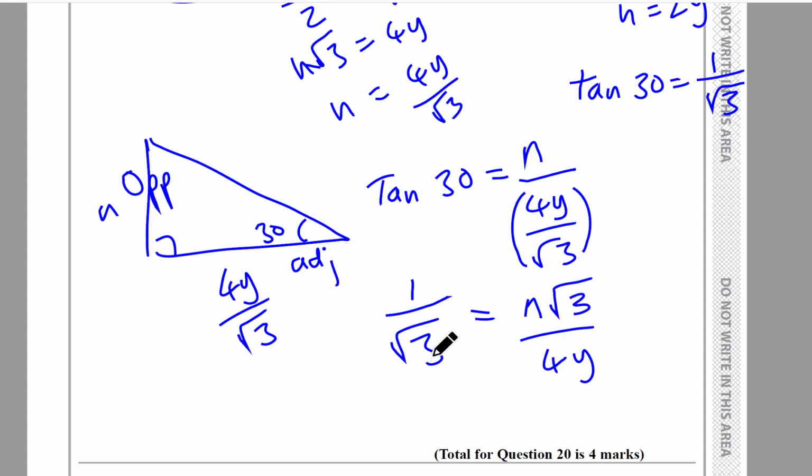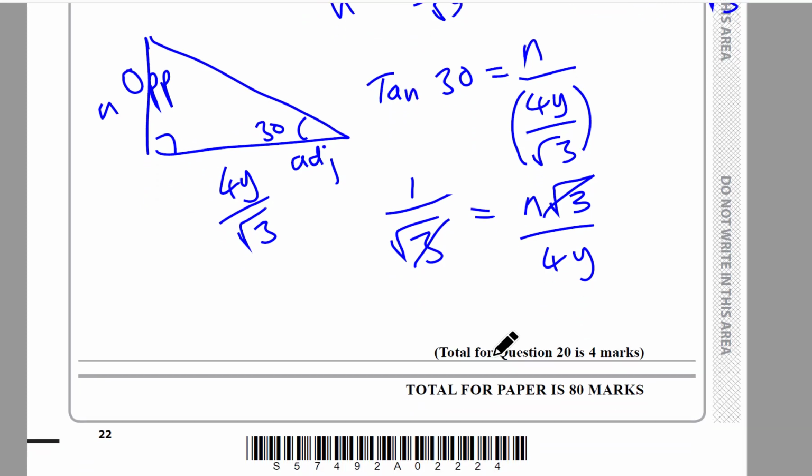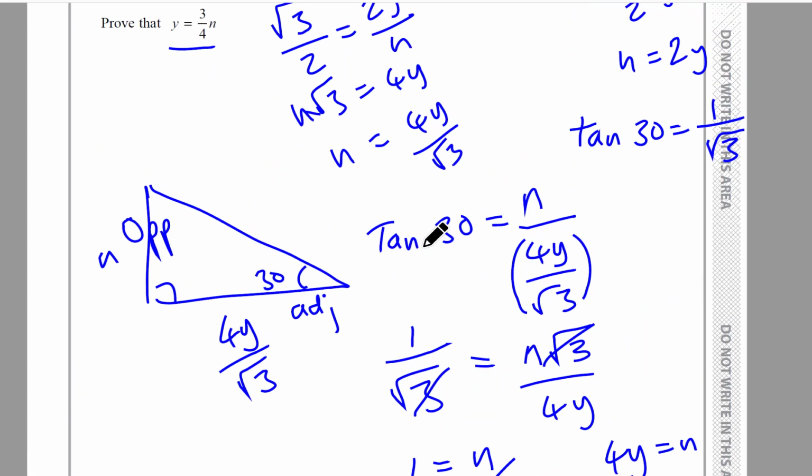So those root 3 should cancel, and I'm technically running out of space, so we get 1 equals n over 4y. Let's multiply both sides by 4y. So we get 4y equals n. Now what are we trying to prove again?